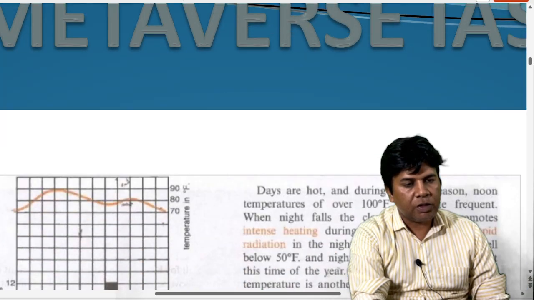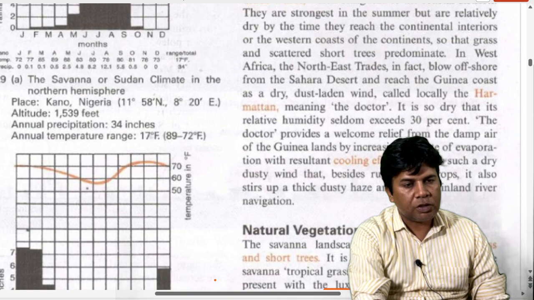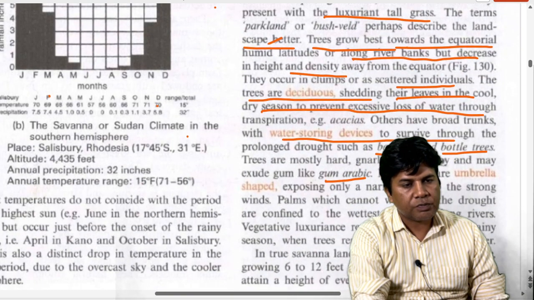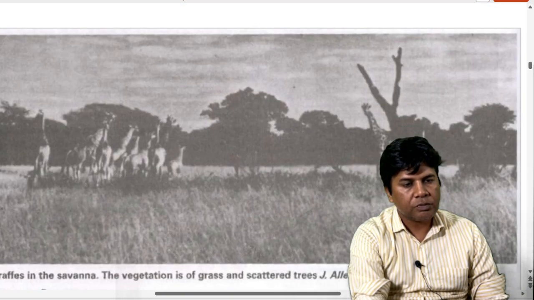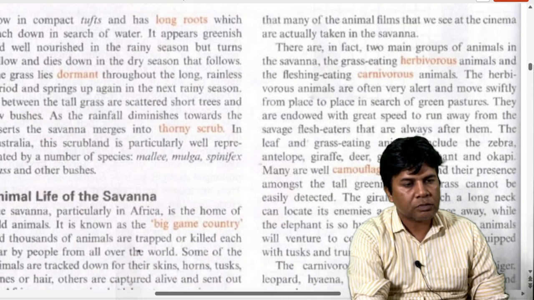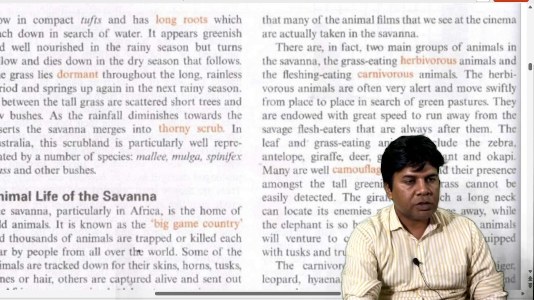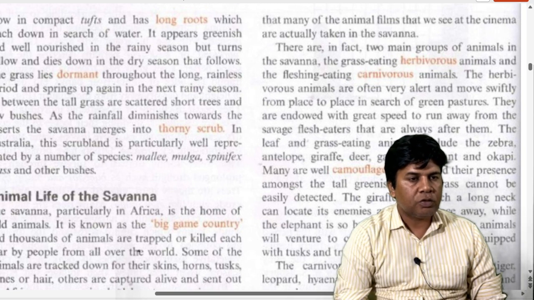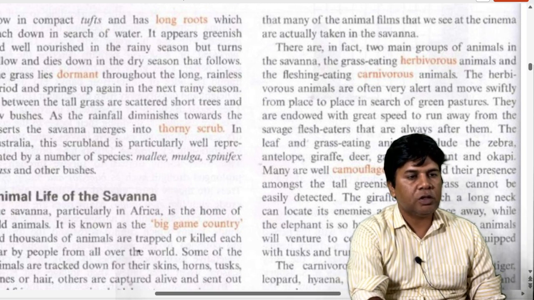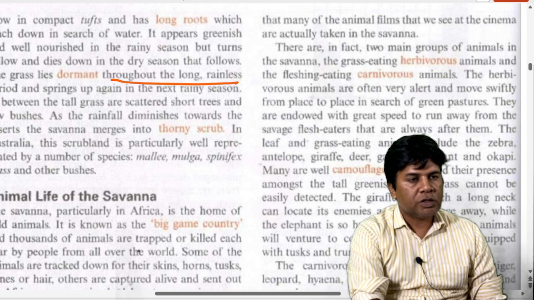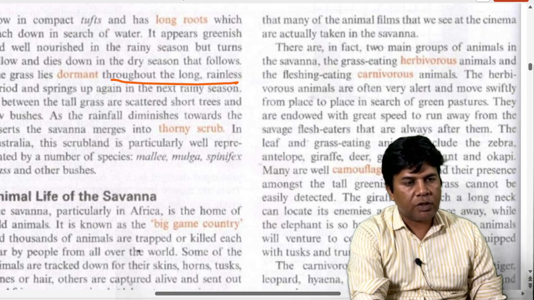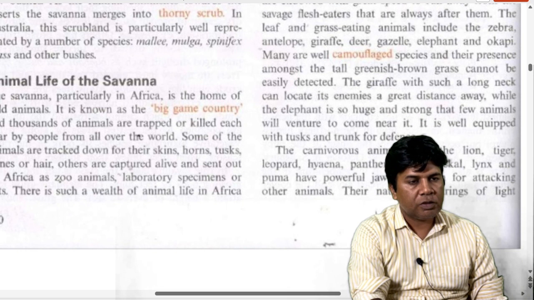So that's how they have adapted to this drought condition. As we discussed, they remain dormant throughout the long rainless period and spring up again in the next rainy season. So that's how they have got themselves adapted to these dry conditions.